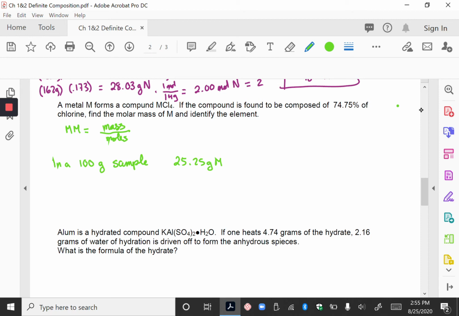Well, if I have 100 grams in my sample, 74.75 grams are chlorine, and then 25.25, the rest of the 100, is M. So look at that. I got the mass of M.